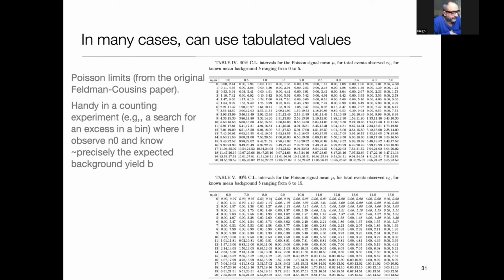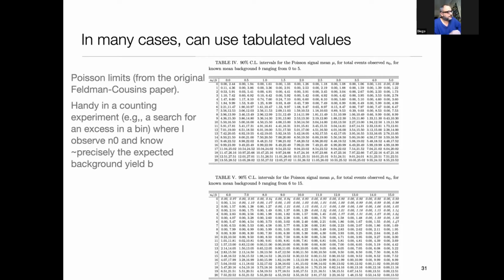Also, I want to give to you, especially to the experimentalists among you, some kind of a tip. Feldman-Cousins, if you have to construct it by yourself from scratch, involves quite a lot of work, because you have to produce many toy simulations to build those curves from which you start accumulating, etc. But in the very paper of Feldman and Cousins, there are actually very useful tables that you can use in your measurement to have at least a feeling of what would be the results, the sensitivity of your measurement.